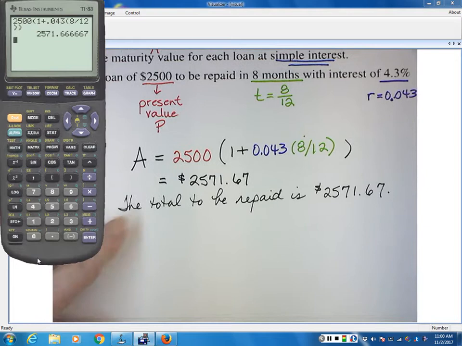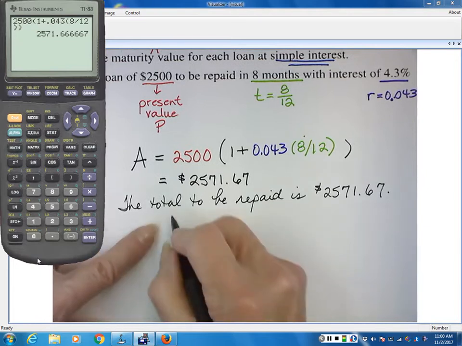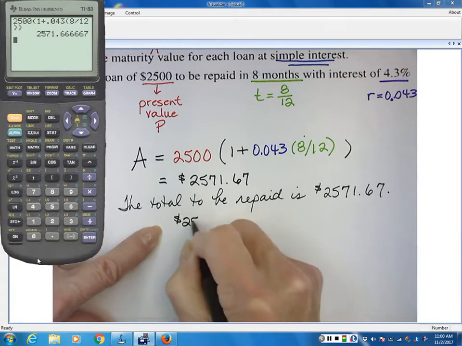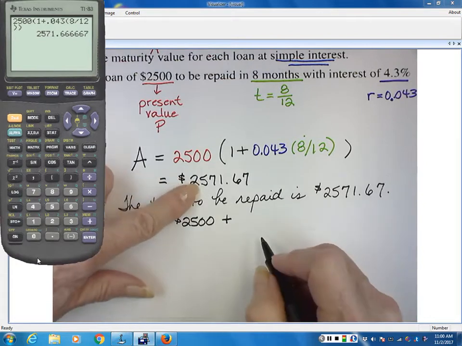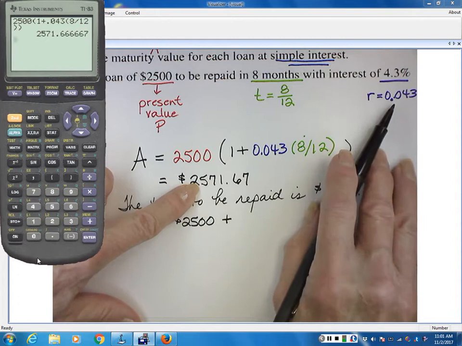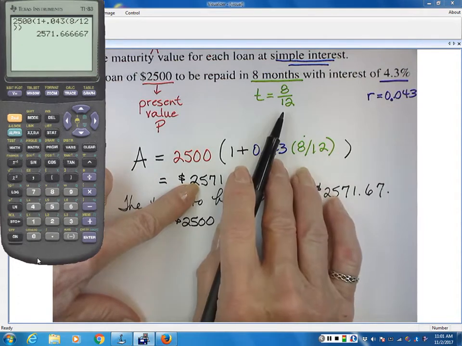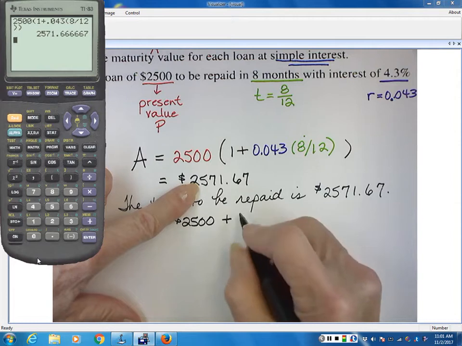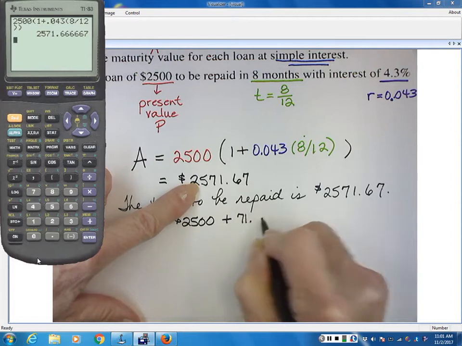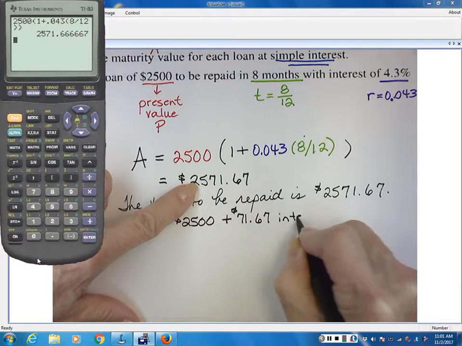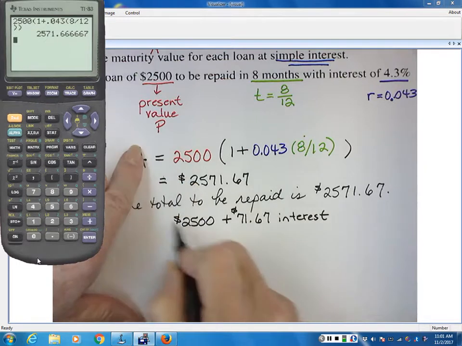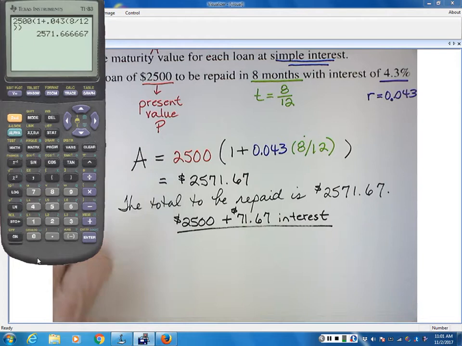The reason that total amount is what it is, is because the original amount she borrowed was the $2,500 plus the amount of interest that she's going to pay on that $2,500 at that 4.3% interest rate for 8 months. The total amount of that is only $71.67. That's the total amount she repays. And again, if we wanted to know her monthly payments, we would just divide that by 8.